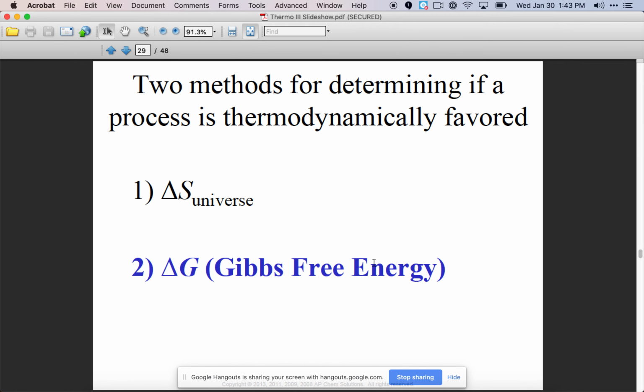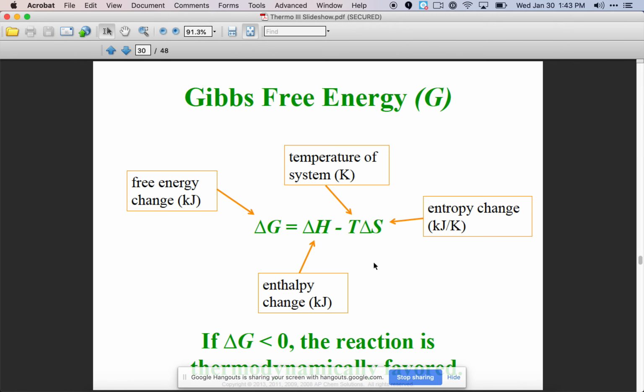All right, let's talk about this equation here that is on your cheat sheet, and I would use it to your advantage. So Gibbs free energy, from the video that I had you show, a thermodynamically favored reaction should be what? Negative, right.